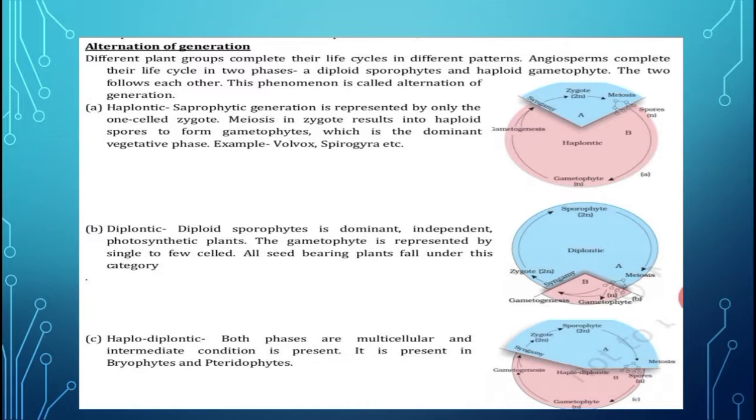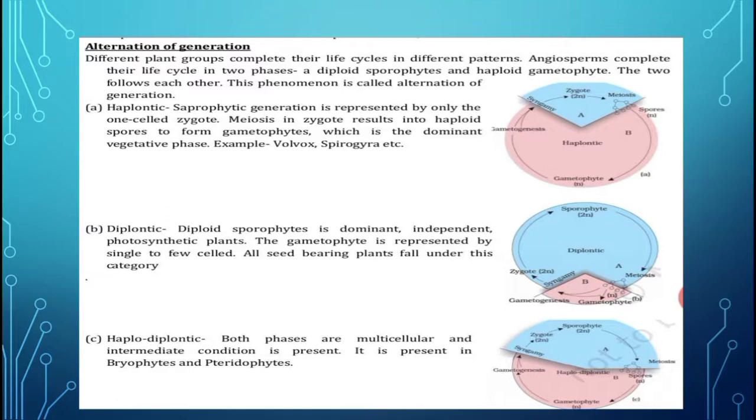Okay, a diploid sporophytic plant body is produced from the zygote. Why? Because it also undergoes mitosis, that is equational division, where the number of chromosomes in the parent cell and in the daughter cells remains the same.